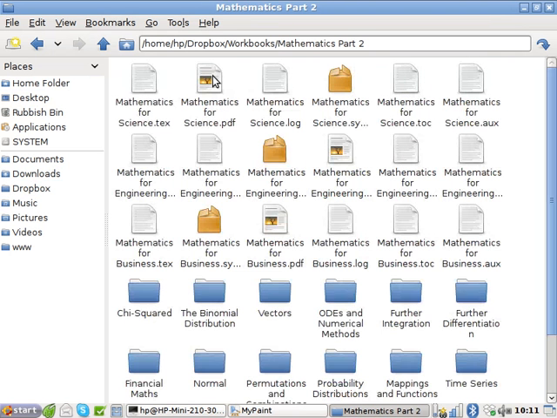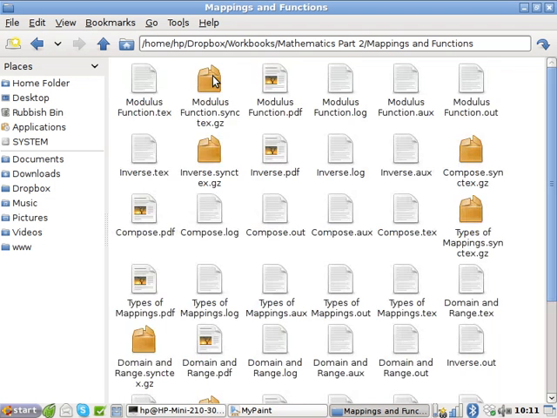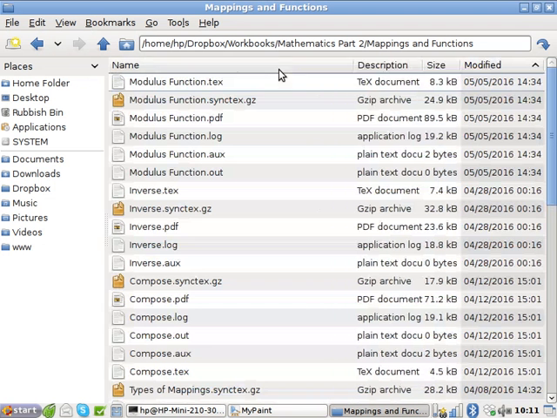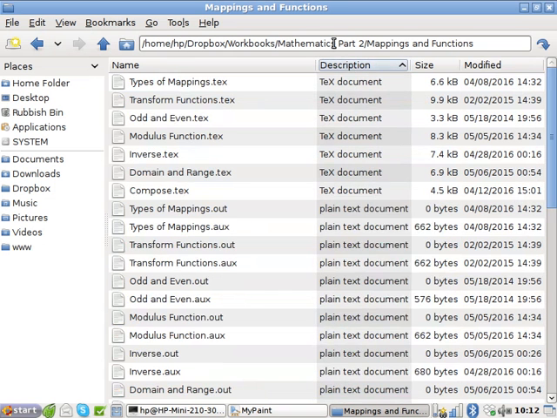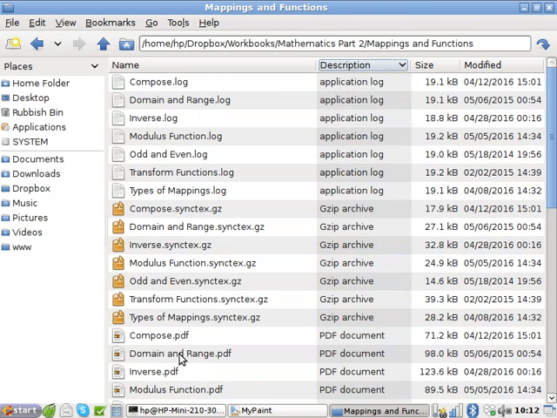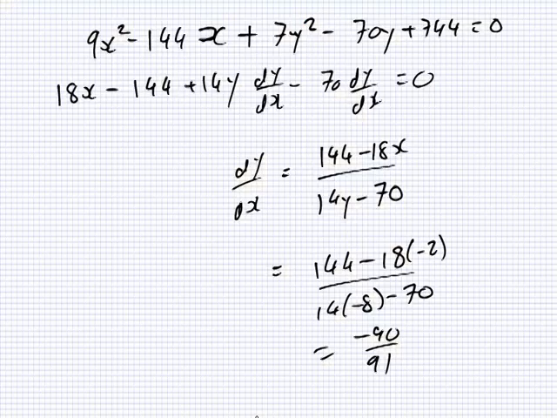We're looking at mappings and functions. Domain and range. Okay, so we're starting a new chapter.